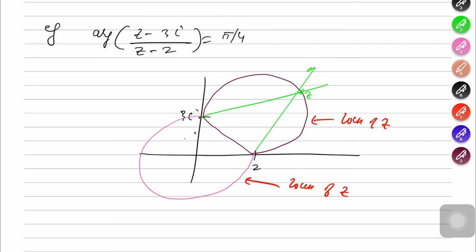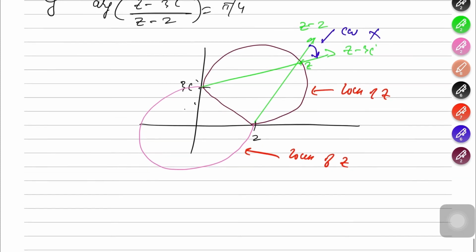So this ray is z minus 2 and this ray is z minus 3i. So we should make angle pi by 4 starting from z minus 2 and ending at z minus 3i. So starting through z minus 2 ending through z minus 3i, this is pi by 4, but this is clockwise, so this is wrong.